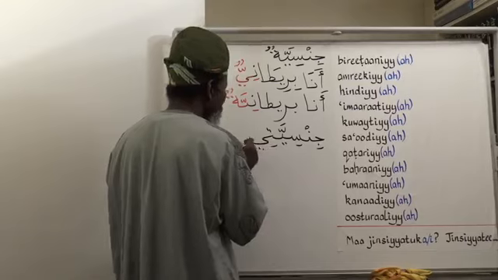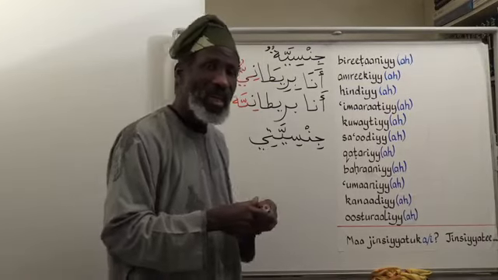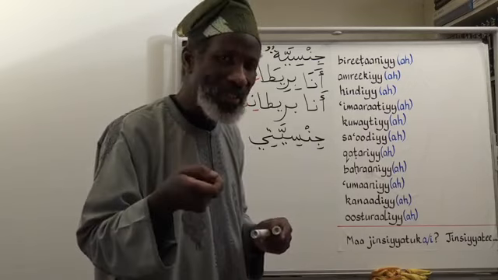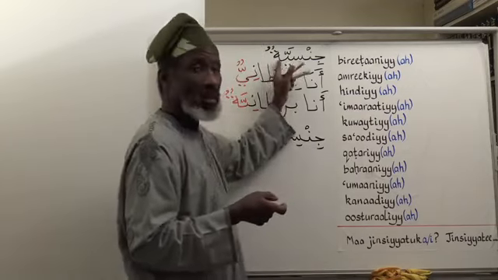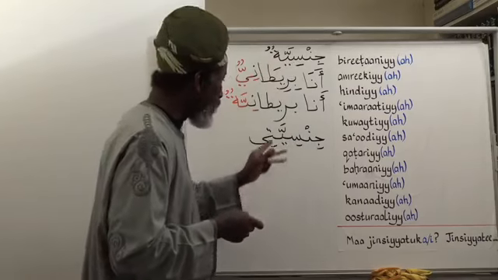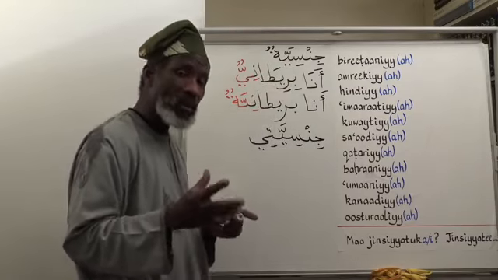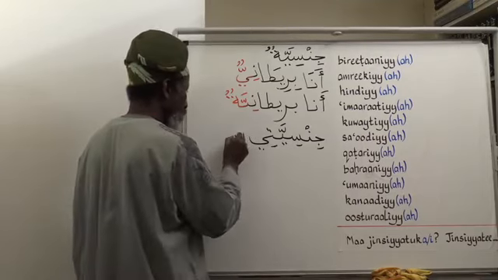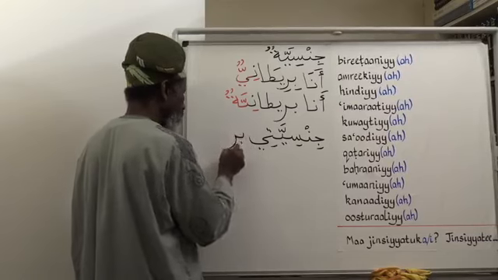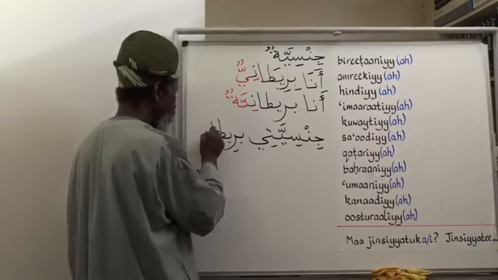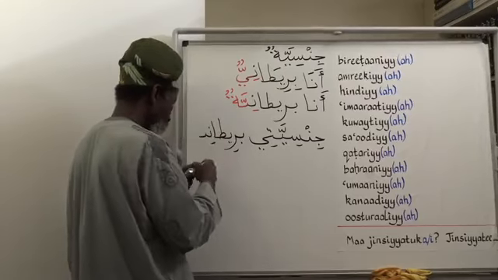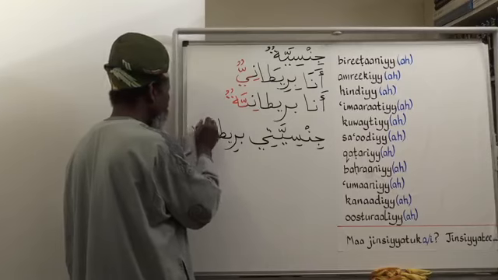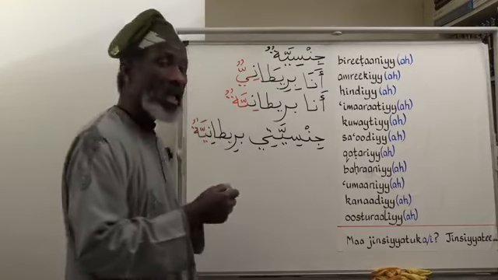Jinsiyati, my nationality is. Here I'm not describing myself, I'm describing my nationality. And the nationality is a feminine word in Arabic, so the adjectives also must be feminine. So I say jinsiyati Britaniyatun.